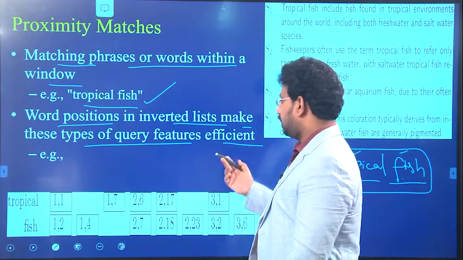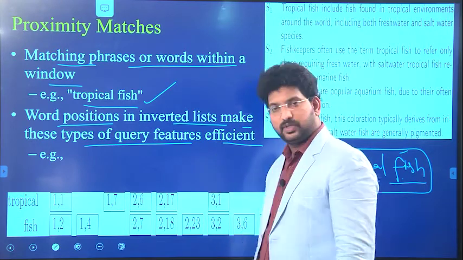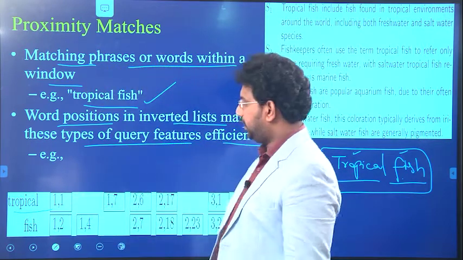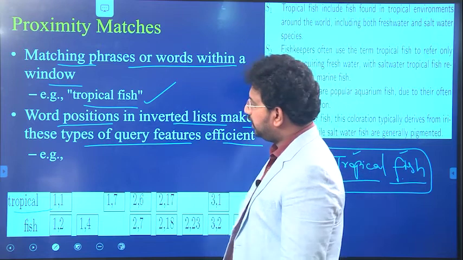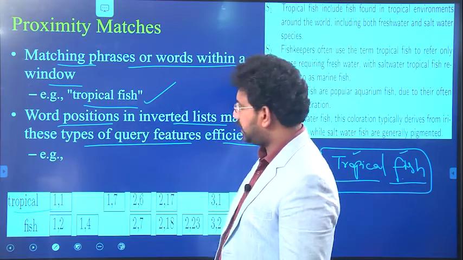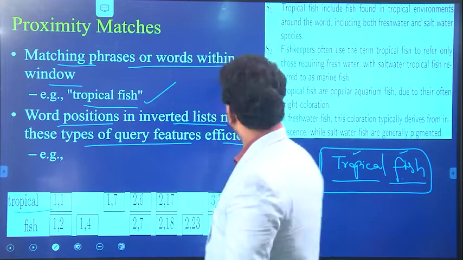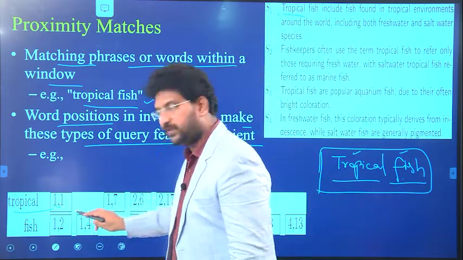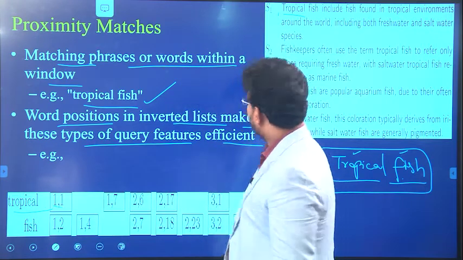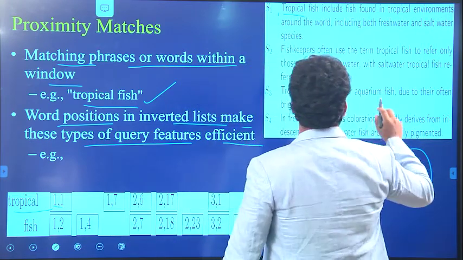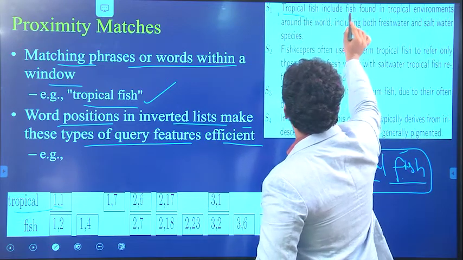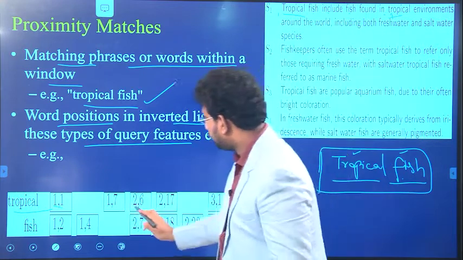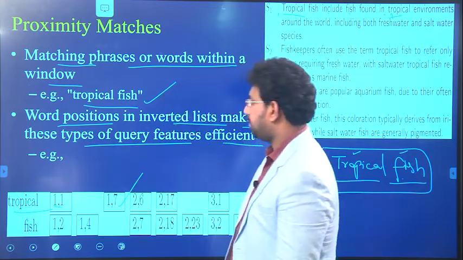For example, observe the word tropical. These are all the different positions mentioned. Tropical is present in the first document at the first position, and again in the first document at the 7th position, so it is represented as 1, 7.